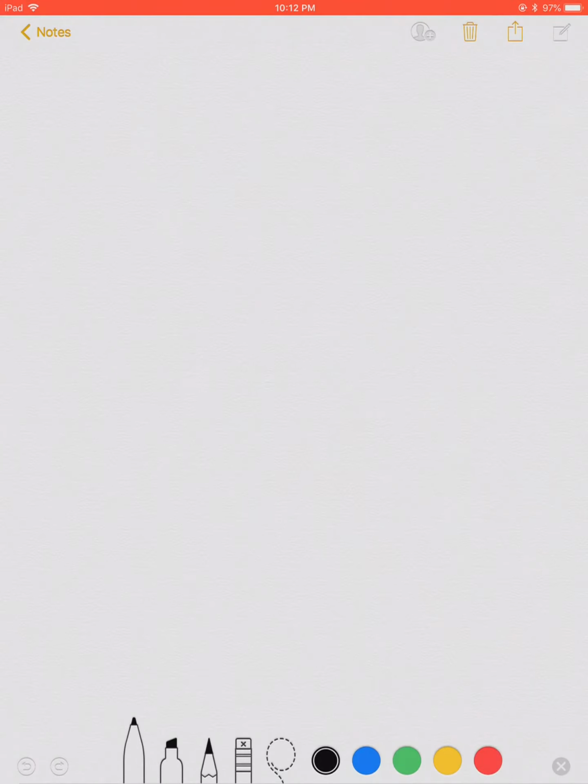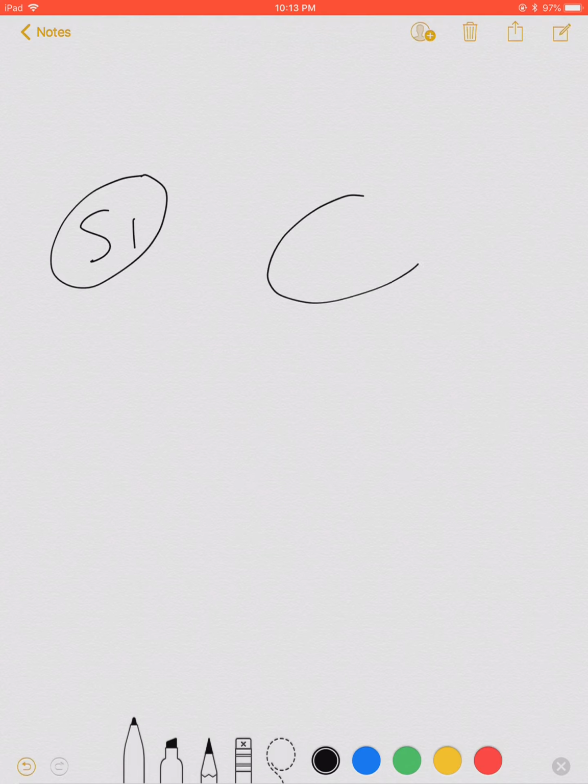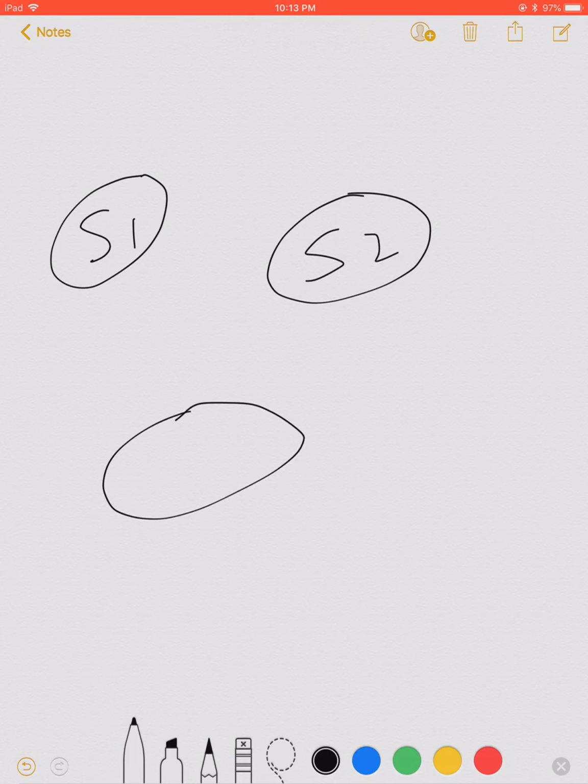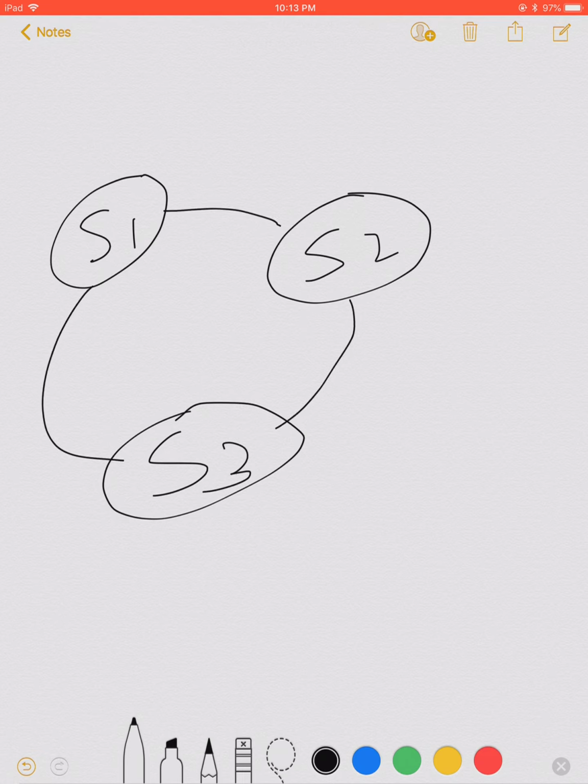Suppose you have a system having three states, connected like this: S1, S2 and S3.